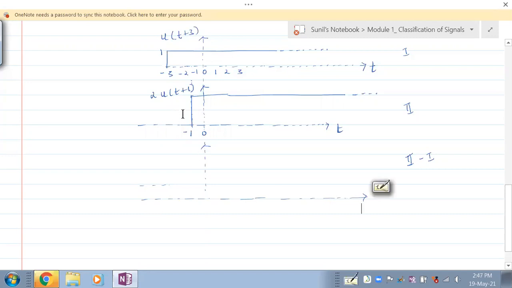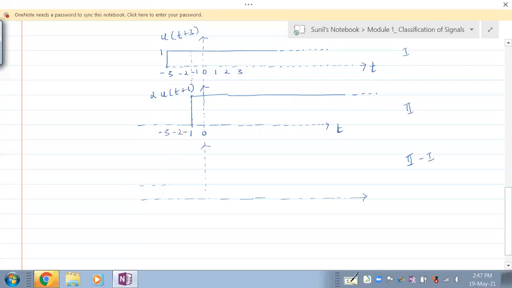So this minus this, right? What would be the signal? From minus 3 to minus 2, what is the signal? It is 1. And what is the other signal there? It is 0. So 0 minus 1 would be minus 1.